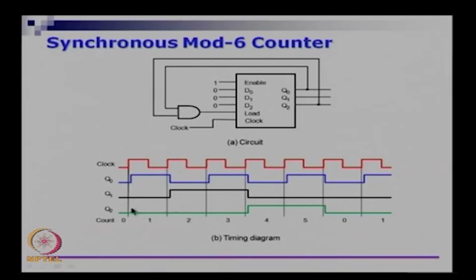So it goes from 0, 1, 2, 3, 4 up to 5. When you hit 5, this AND gate will have 0. So till then it will be 0, you can verify that. So till you hit here, this AND gate's output is 0, but at this point Q1 is 1 and it will load the current set of values.